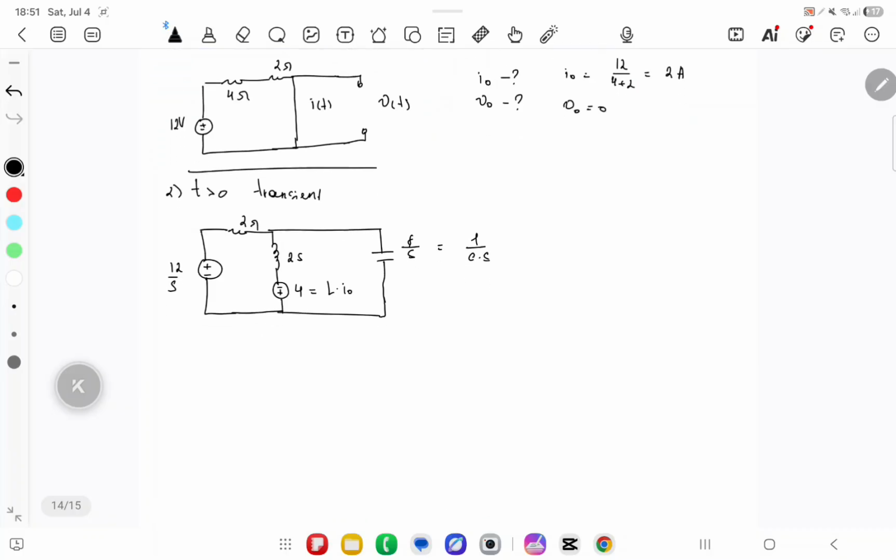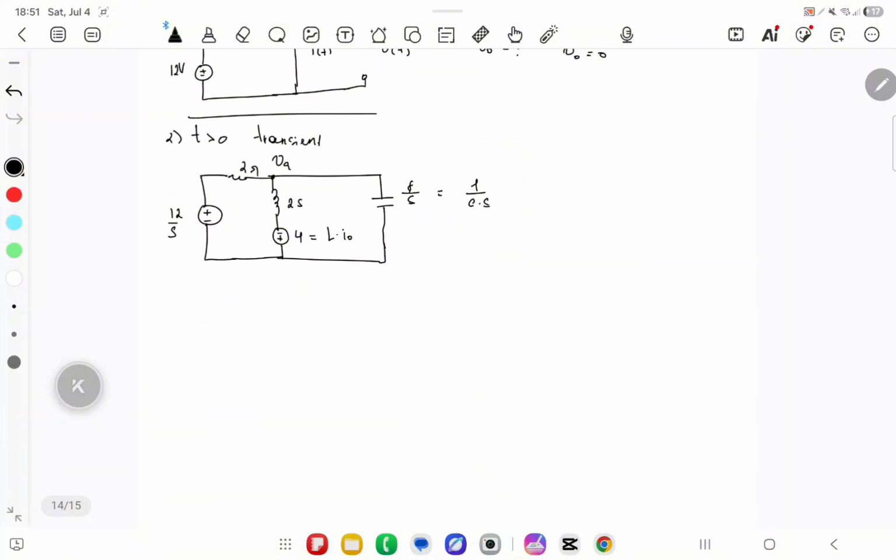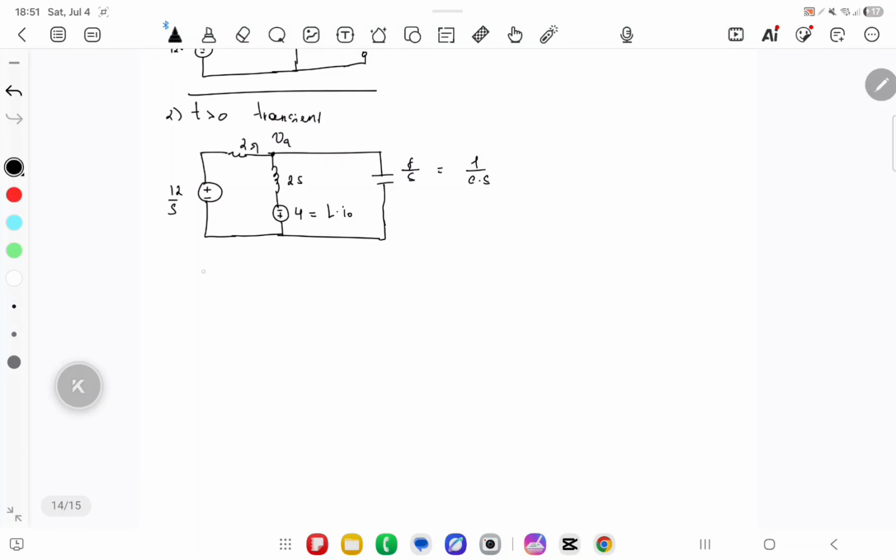In this case, in my opinion, it's easier to use the node voltage method. You can as well use mesh current. Here we just take the voltage at node A and write that equation equal to 0.